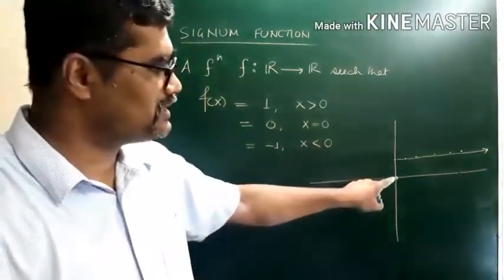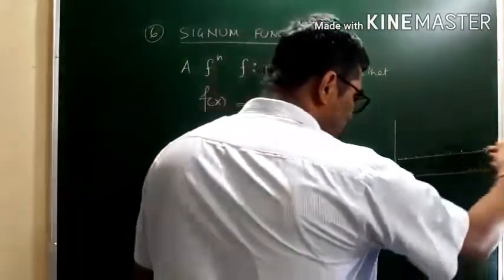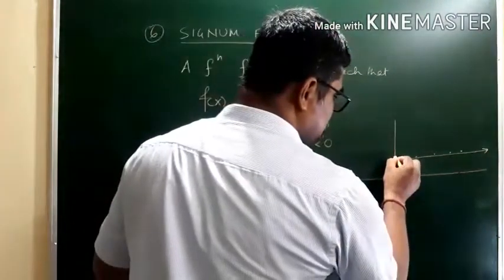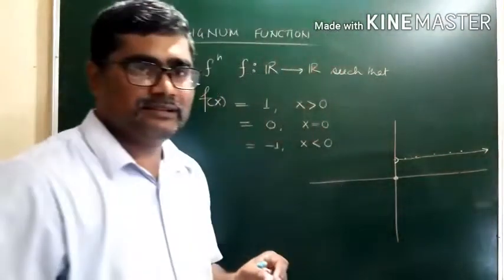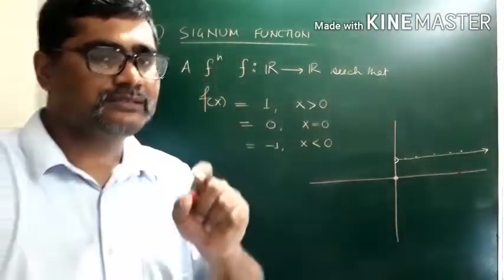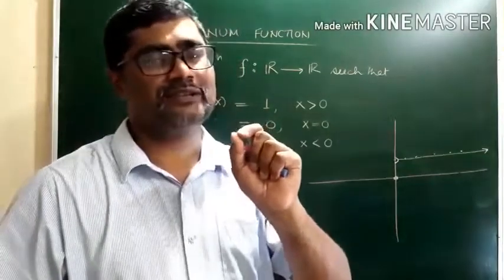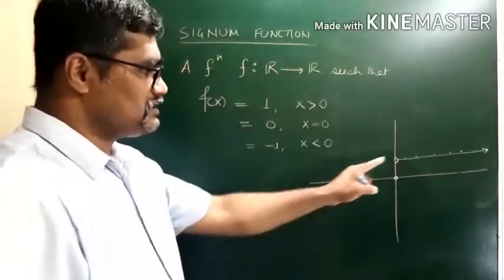That means that point should directly fall at the origin. So it means no matter how close you come towards the y-axis, you cannot touch this. So we will be just showing it by a half empty circle. This empty circle concept you got while studying intervals in your set theory. So this is the right part.